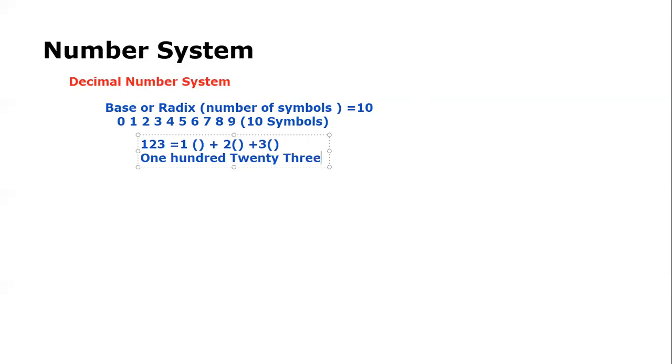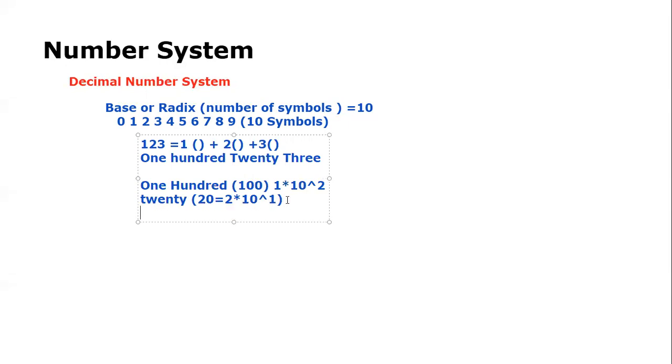If I separate them, 100 in figures is 100, or 1 into 10 raised to 2. Then 20 in figure form is 20, or 2 into 10 raised to 1, meaning 2 is multiplied with 10 with the power 1.